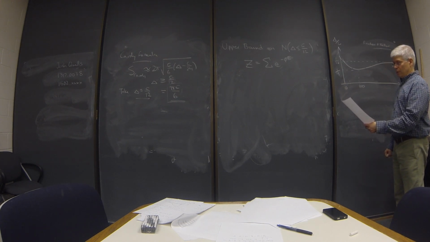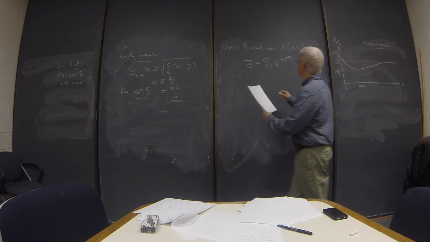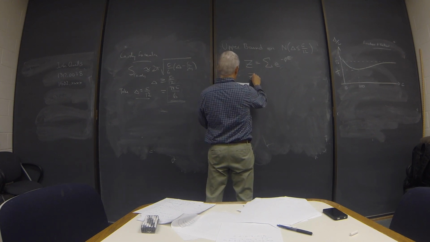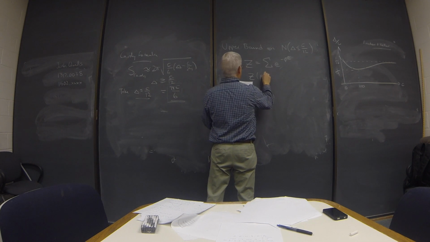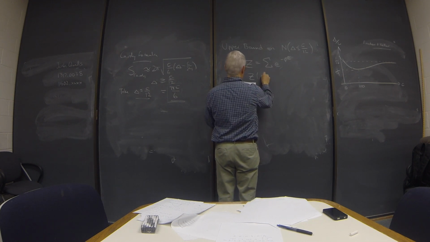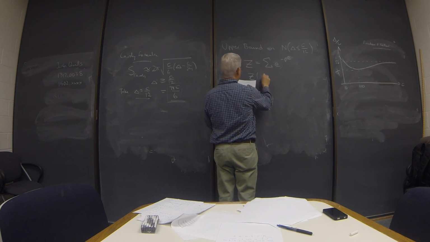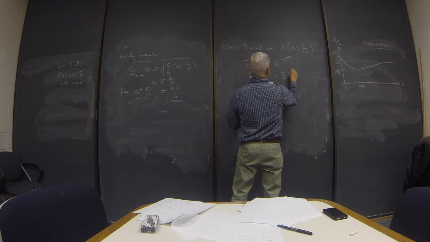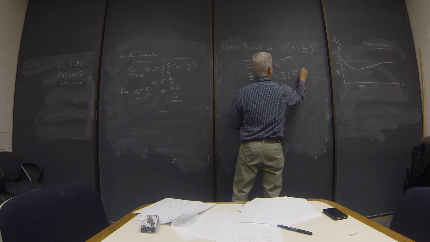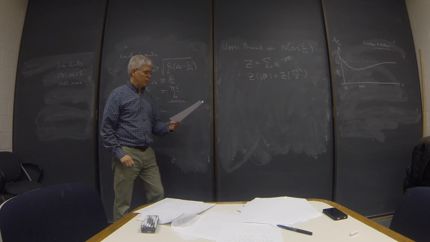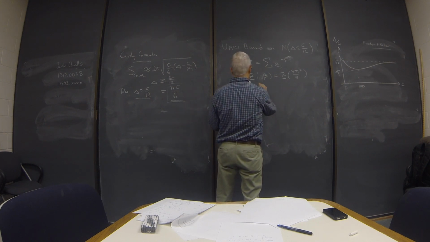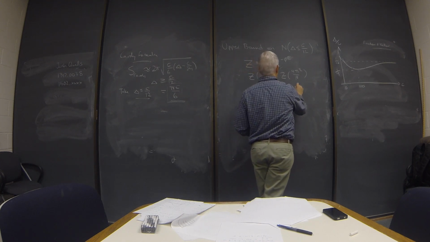So for the upper bound, what we're going to do is use again the fact that Z of tau is Z of 1 over tau, or in terms of beta, Z of beta is Z of 4 pi squared over beta. There was a 2 pi in the relation between beta and tau. And we're using the same equation, beta d by d beta of Z of beta equals 0.